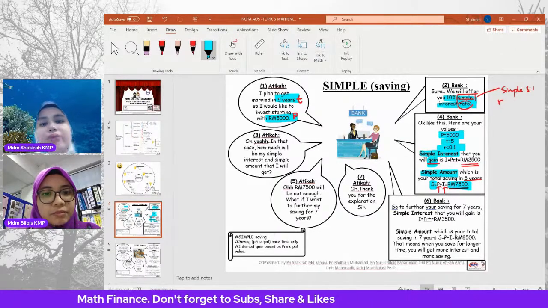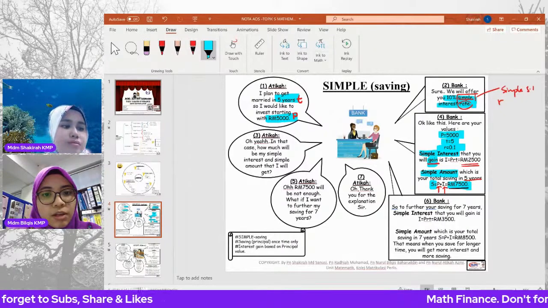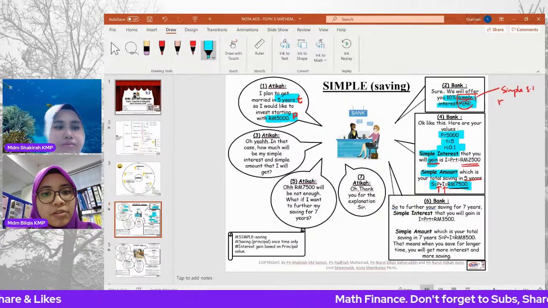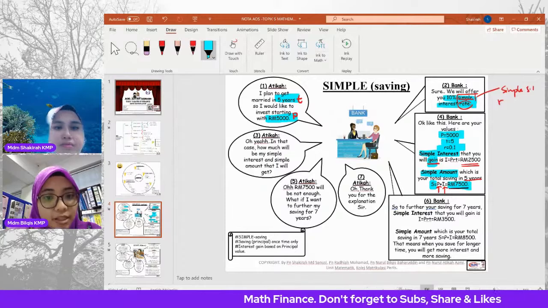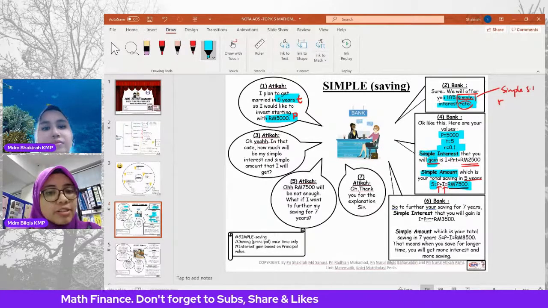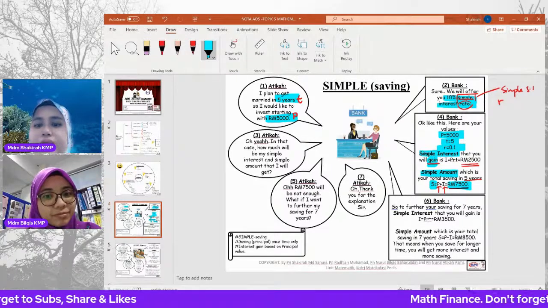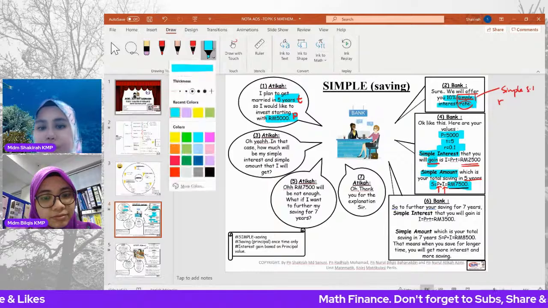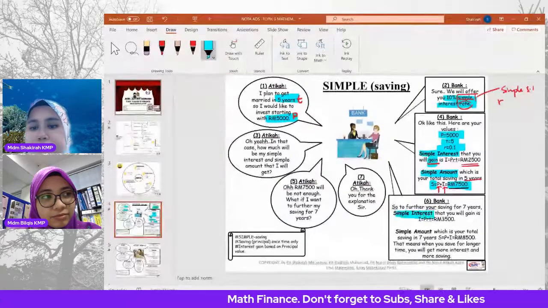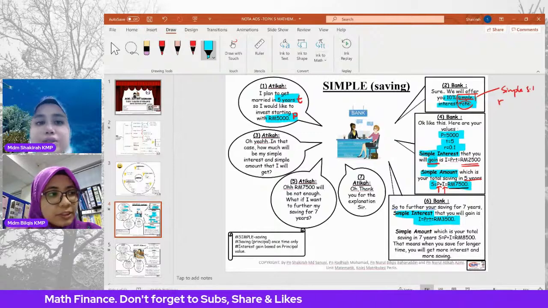Okay, continue with our dialog 5. Oh, so 7,500 ringgit will be not enough. What if I want to further my saving for 7 years? Okay, see. Dialog 6. So, to further your saving for 7 years, your simple interest will be more, which is 3,500.